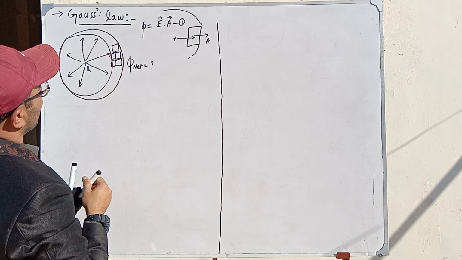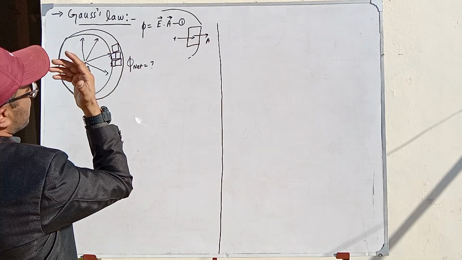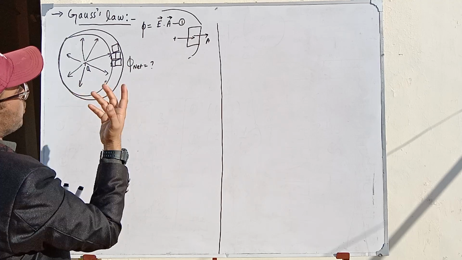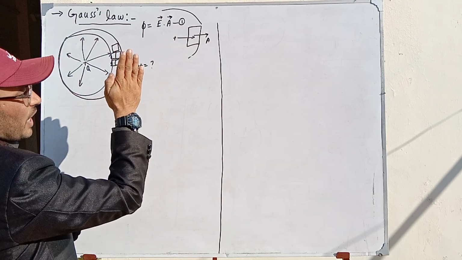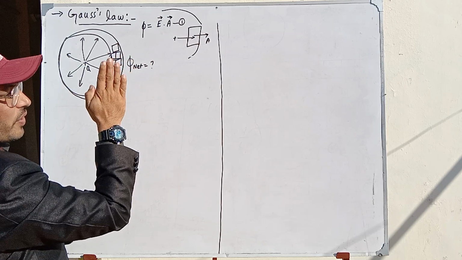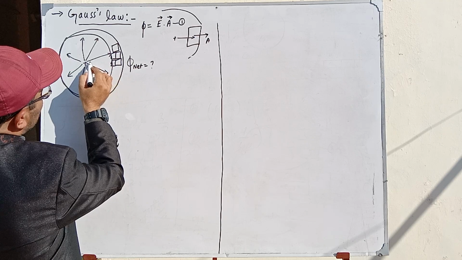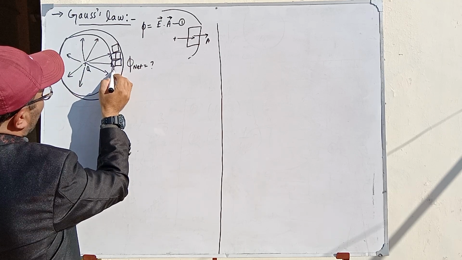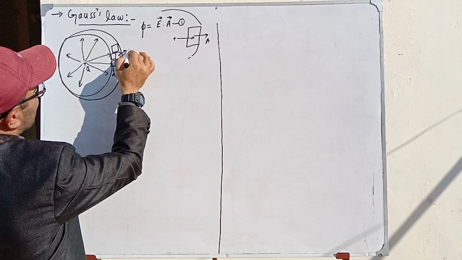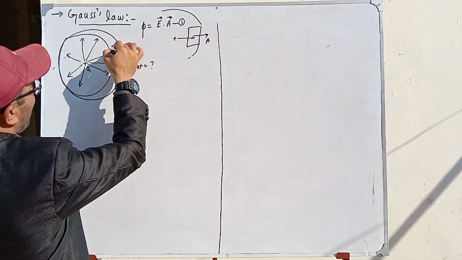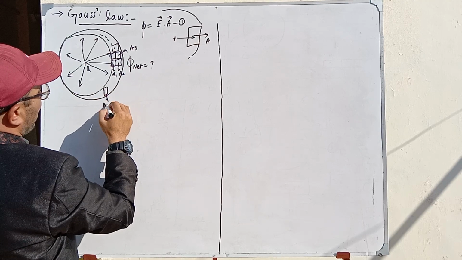Why do I form its surface area into patches? Because I will form a cross-sectional area, meaning I will form a flat area. So if I take this as A1, this as A2, this as A3, and so on up to n number of patches.